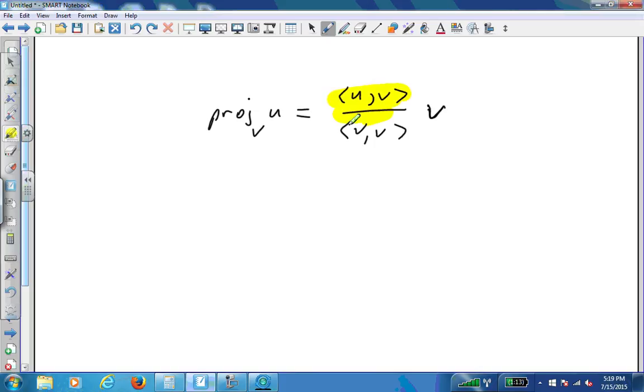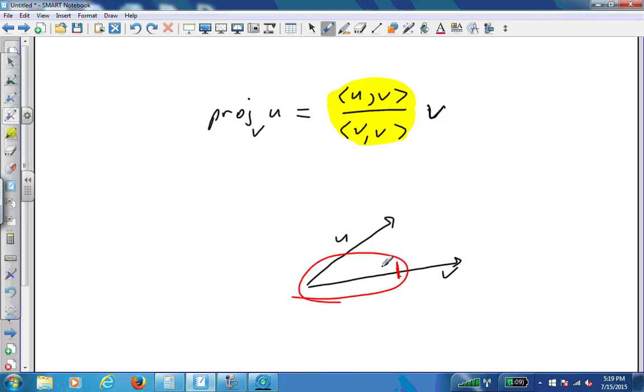So this part gives you a scalar that basically takes the distance, if we think of this being U and this being V, it takes this distance, making a shadow onto V perpendicular to the path.